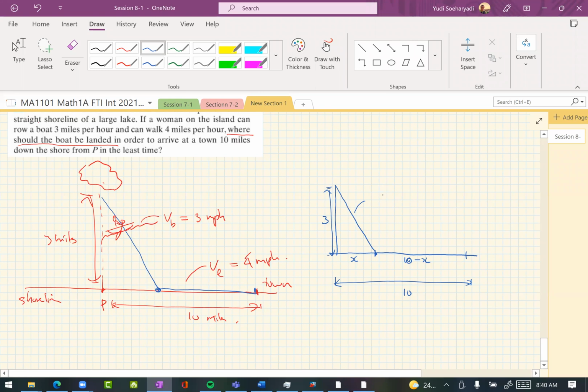Well, that is the square root of 9 plus x squared. So that's the distance, and you have to take that with speed 3. And then this distance is 10 minus x, with speed 4.